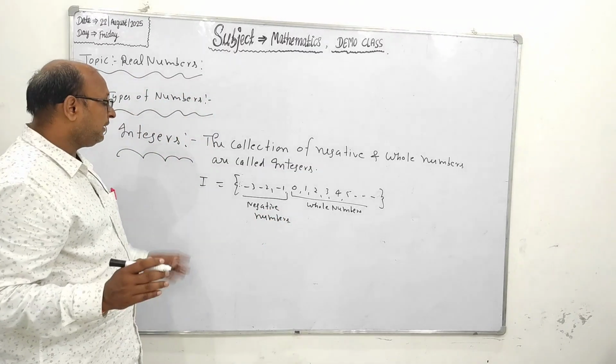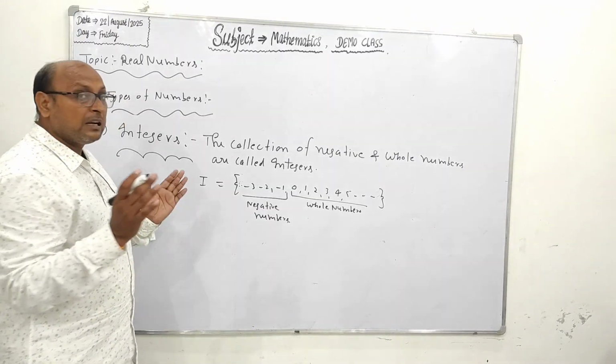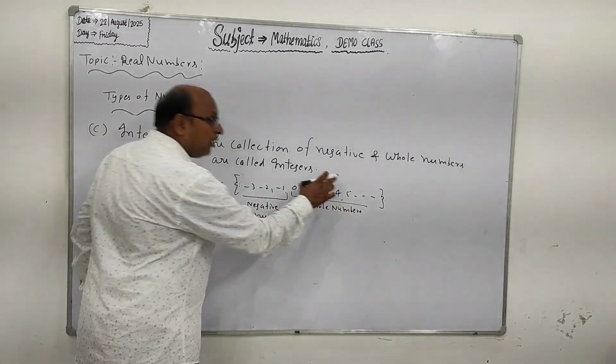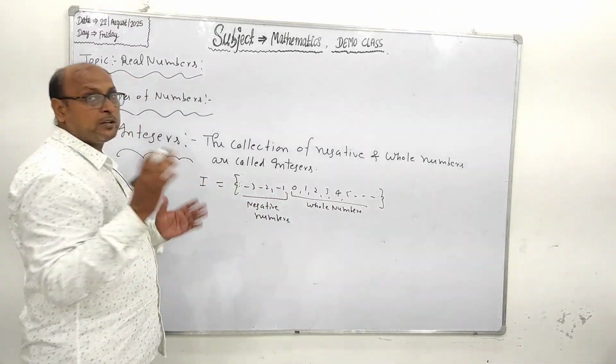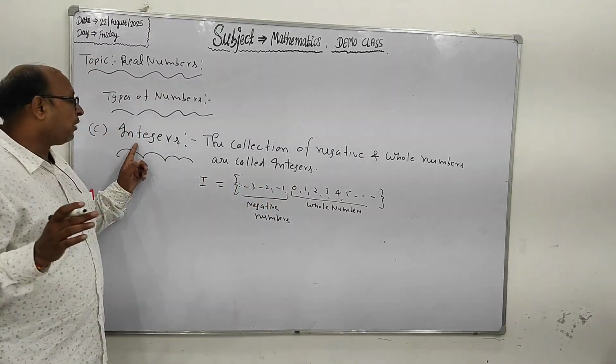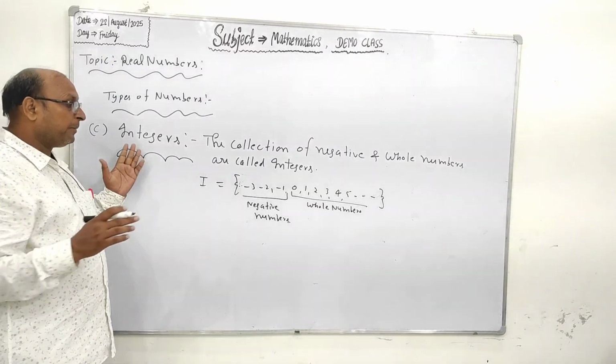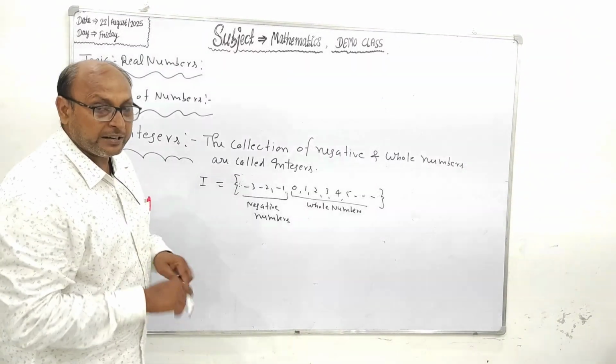Now you can see that integers are the collection of negative numbers and whole numbers. I think all of you understood the meaning of integers. After completing integers, we start our next part.